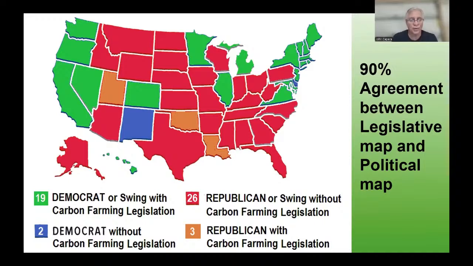They're highlighted in orange. This 90% correlation proves that carbon farming is currently trapped inside our national partisan gridlock. In red states, environmental bills are often dead on arrival, while in blue states, they can find a path forward.